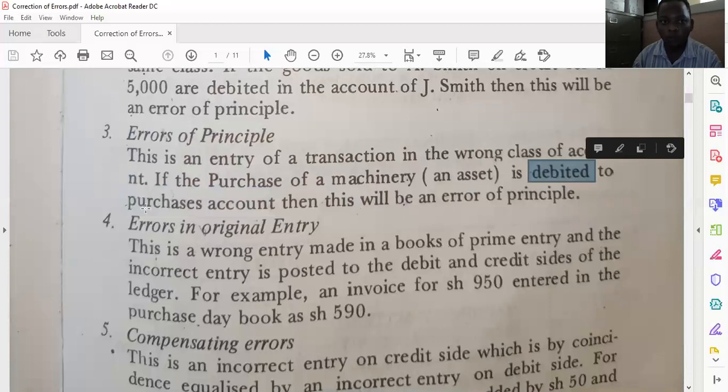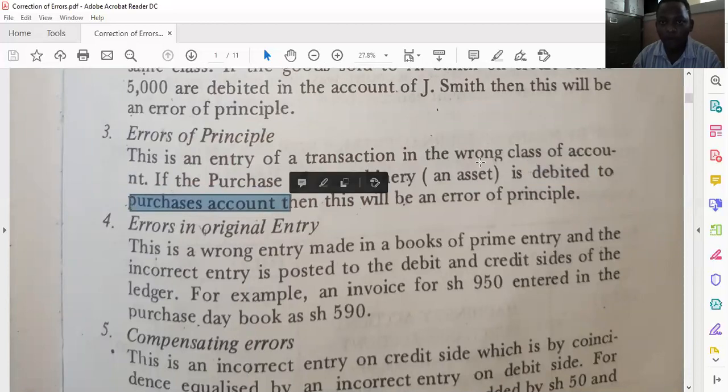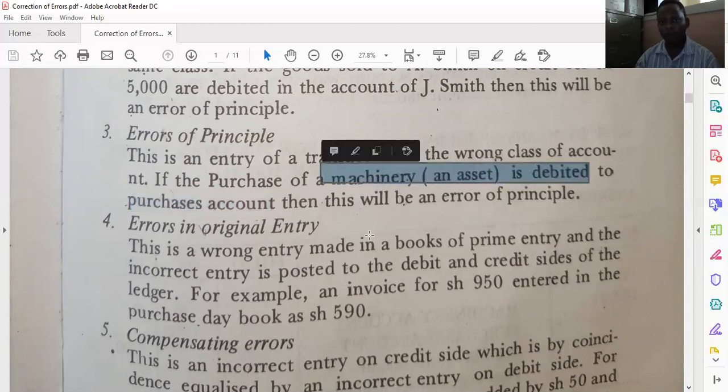So we ought to have debited in the machinery account, sorry, but we have debited in the purchases account, which is wrong. So you understand that when we purchase a machinery, it should go to the debit of the machinery account. But now, for example, that's gone to the debit of the purchases account, which in this case is wrong.